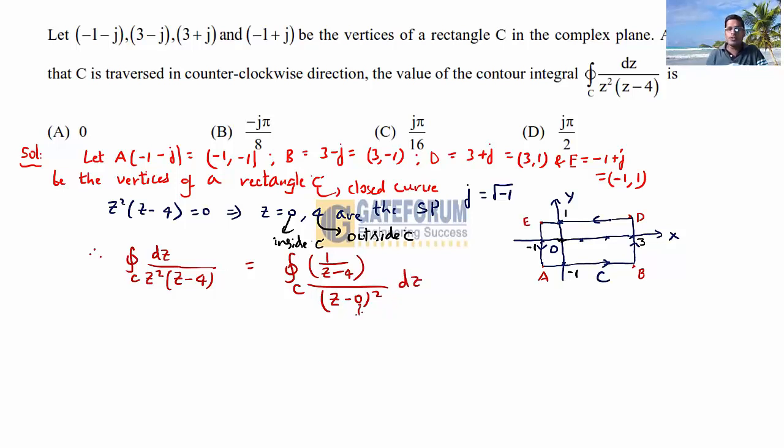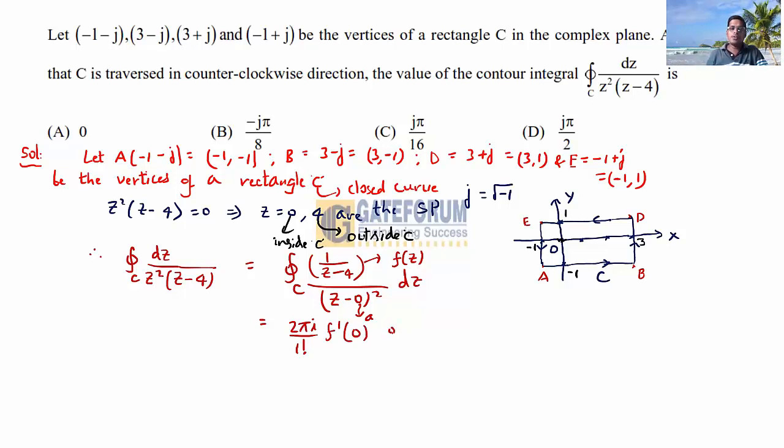Such a singular point is usually denoted by small a. Now the numerator is denoted by f of z. It looks like Cauchy's integral formula, f of z by z minus a whole square. That is, the answer is 2 pi i by 1 factorial into f dash a. a means 0.